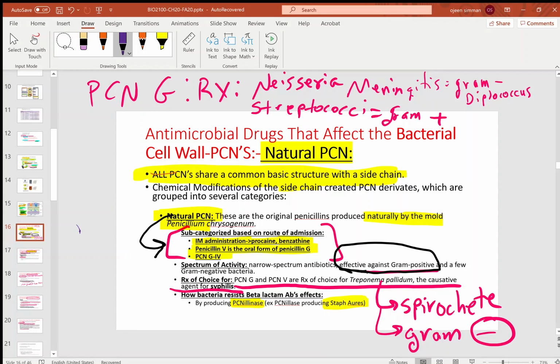Penicillin G and V are the treatment of choice against a bacteria called Treponema pallidum. This is a spirochete gram-negative bacteria which is responsible for causing syphilis.